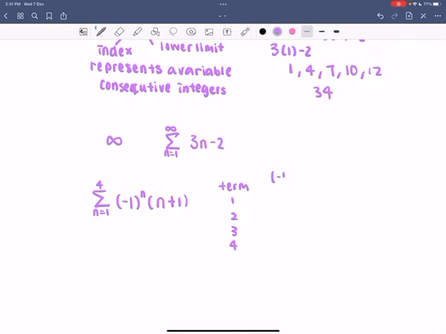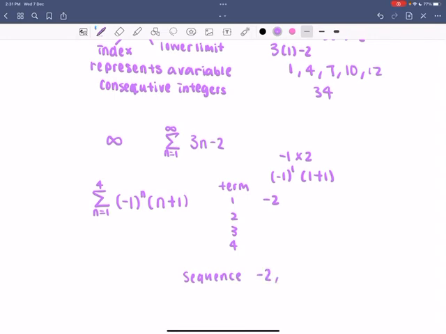So -1 to the power of 2 is 1, and then 2 plus 1 is 3. Sorry, let me redo this. The first term is -1 times 2, which is -2.